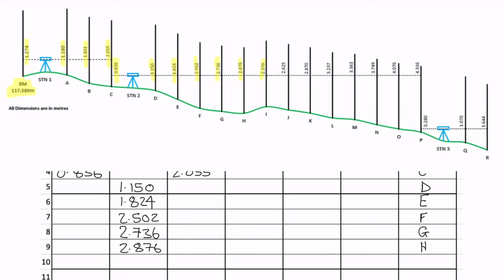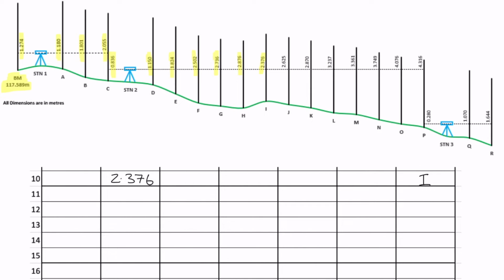Point I. Its value is 2.376. After point I comes point J. The value is 2.625.